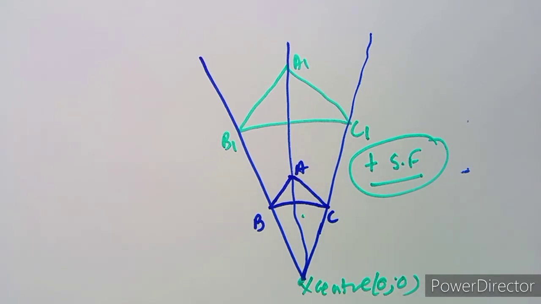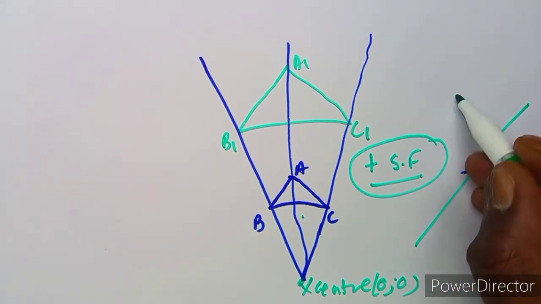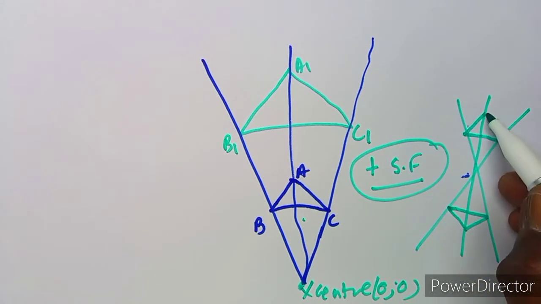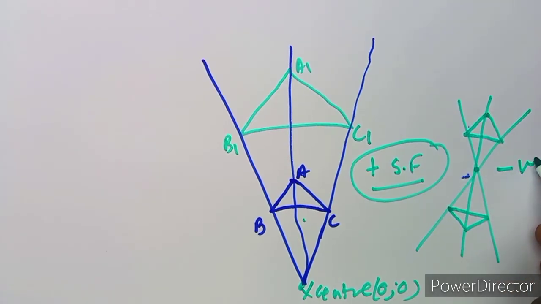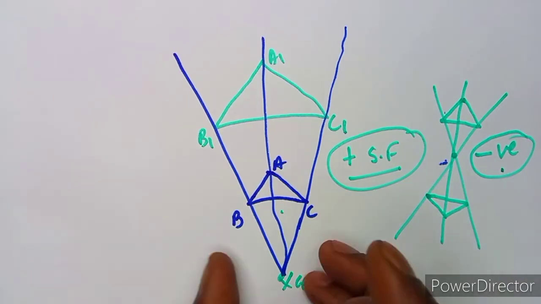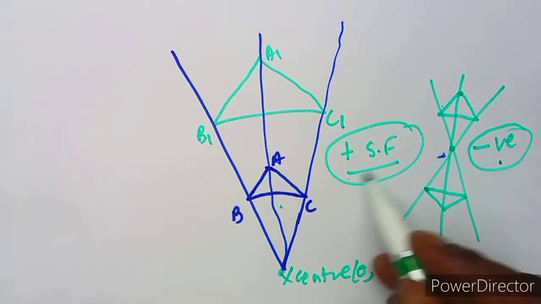But for the other case, where you find the object on this side and the image on the other side, it is going to be a negative scale factor. Object on one side, image on the other side, negative. The object and the image on the same side, positive scale factor.